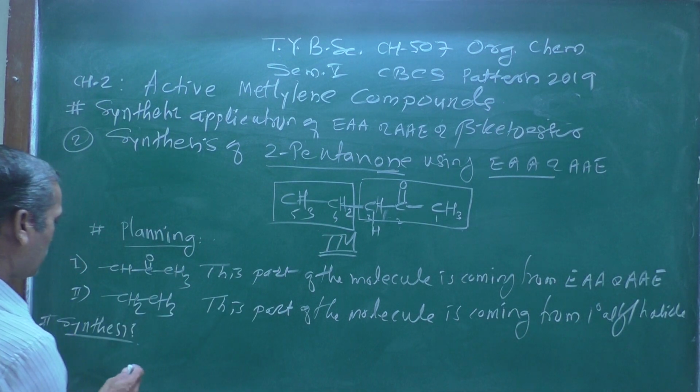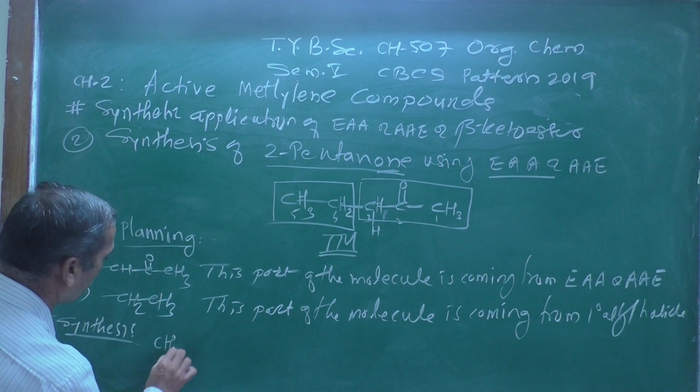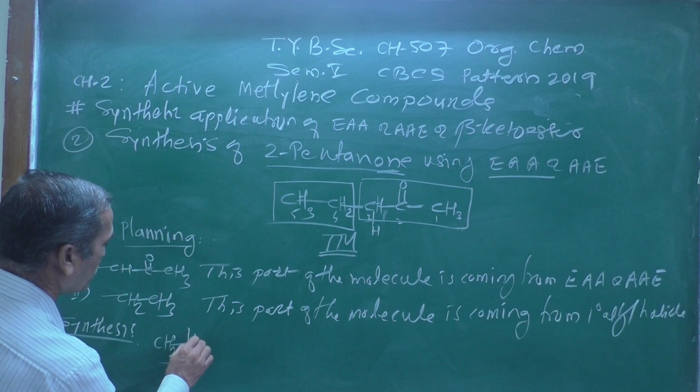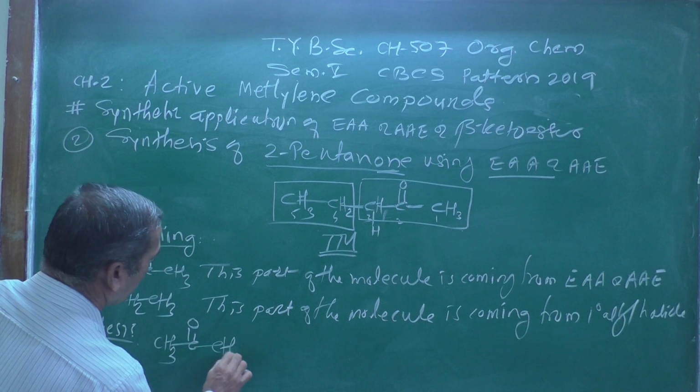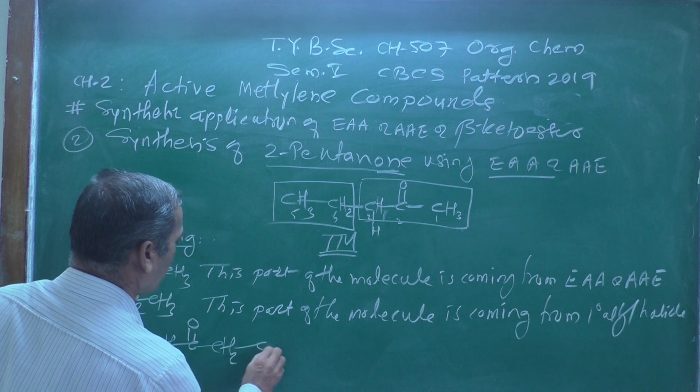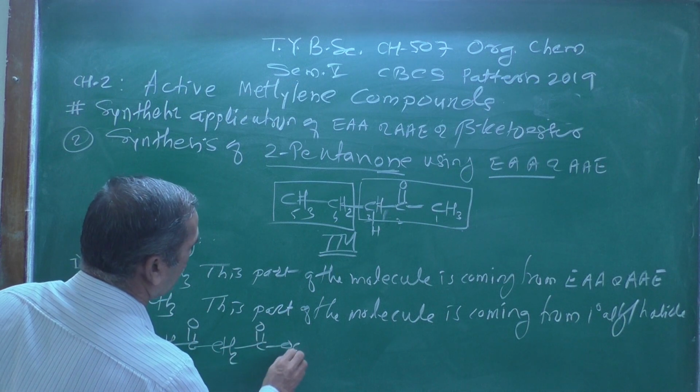You know the structure of ethyl acetoacetate will be this one: CH3, C double bond O, then CH2, then C double bond O, OEt.